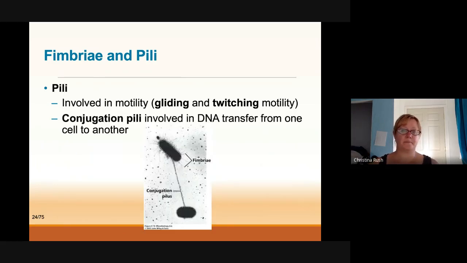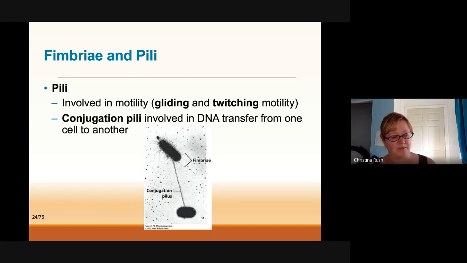Now, pili can be involved in motility with a gliding or a twitching motility. But more often when we talk about pili, we're going to be talking about conjugation pili. And these are involved in DNA transfer from one cell to another. So a conjugation pilus can reach out to another cell, and then DNA from the donor cell spirals out.